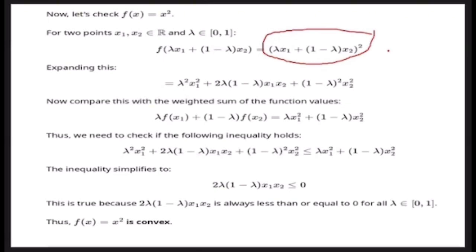What if in a situation where they ask you to investigate for absolute value of x? Instead of squaring that, it's just going to be the absolute value of that. Does that make sense? I need you to pay attention now. So the f of lambda x1 plus that is now lambda x1 plus 1 minus lambda x2 squared, because f of s equal to s squared. Look at it here. If I were you, why can't you practice for absolute value of x, or the log, or the exponential? You can try all of that.